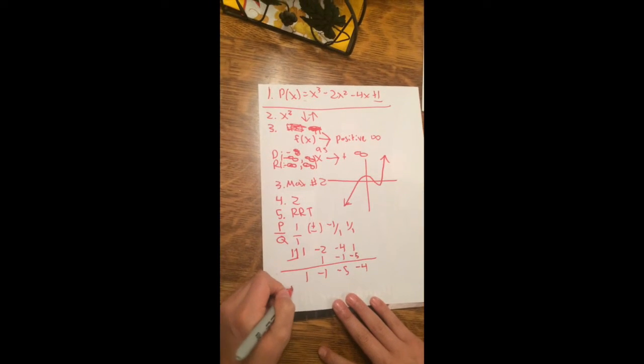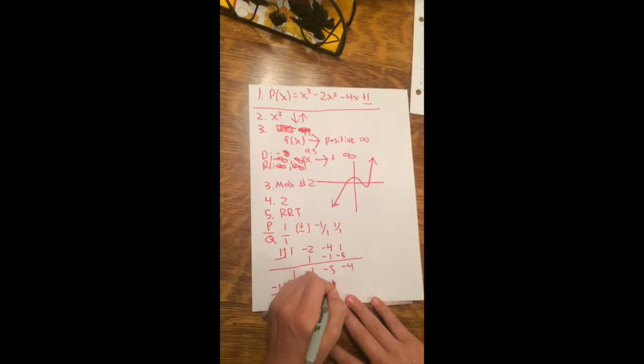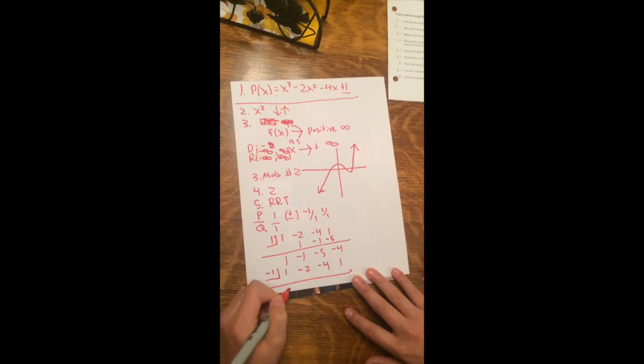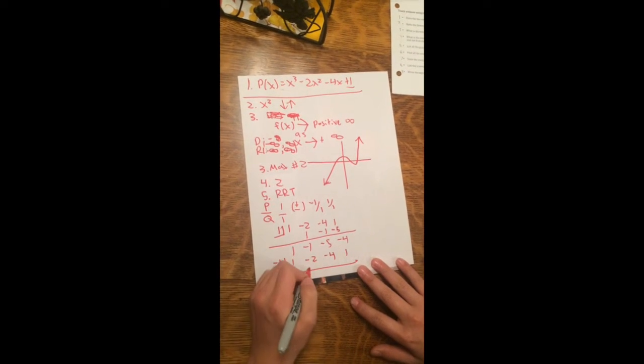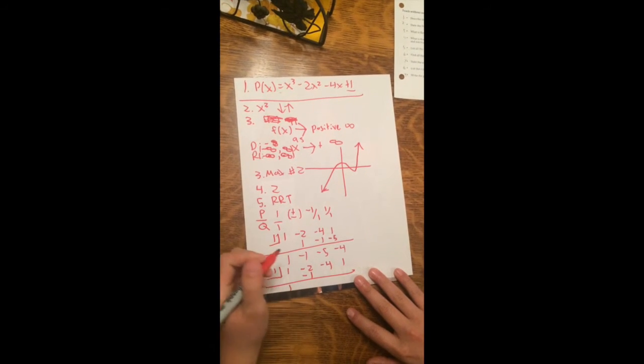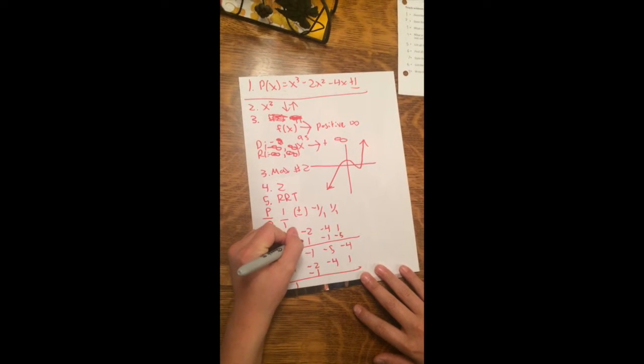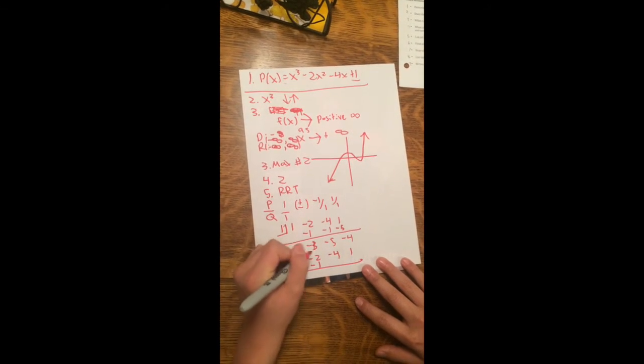Let's try -1, 1, -2, -4, and 1. That was supposed to be negative. So that's supposed to be -3. I apologize.